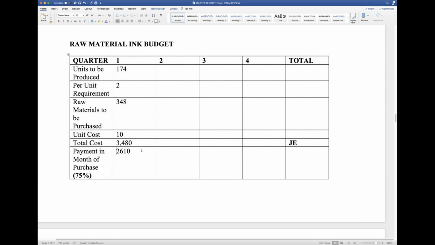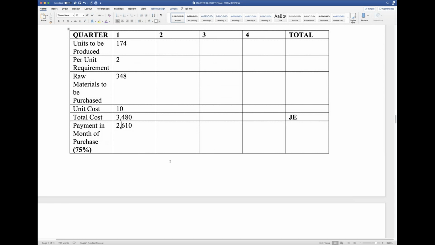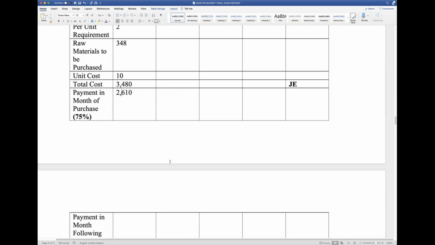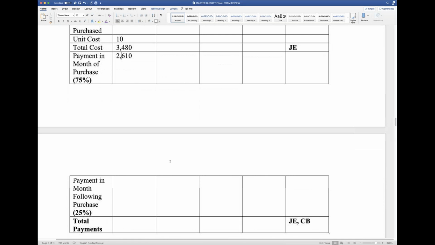Why won't it scroll? Not moving? Okay, there we go. That's good enough.